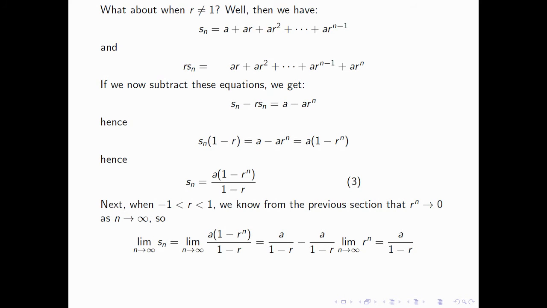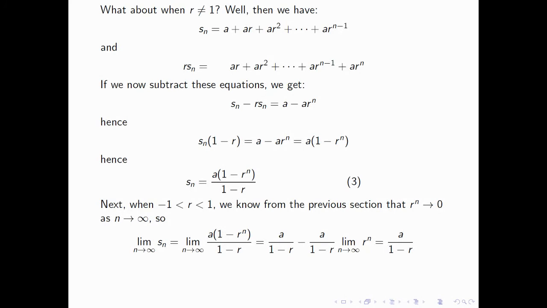Now look at the part of the calculation that says a divided by 1 minus r minus a divided by 1 minus r times that limit. The first term there is constant. In other words, it doesn't depend on n, which means, remember, the limit of a constant is the constant, and that's why we don't need the limit on that first term.